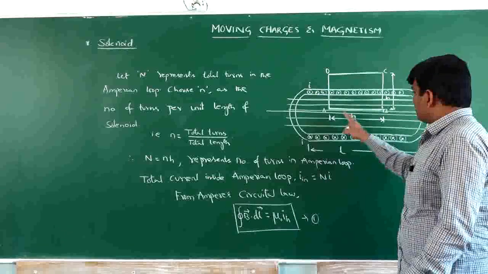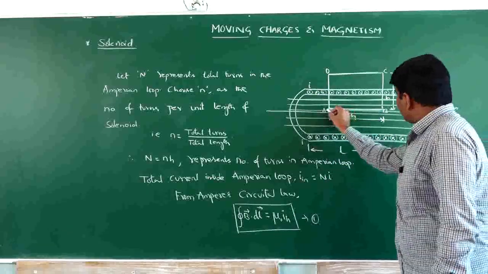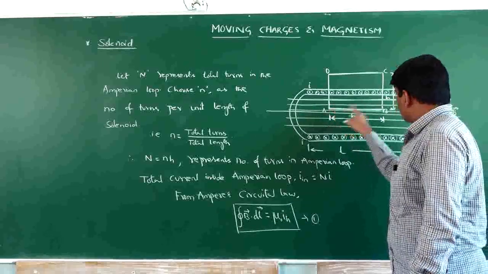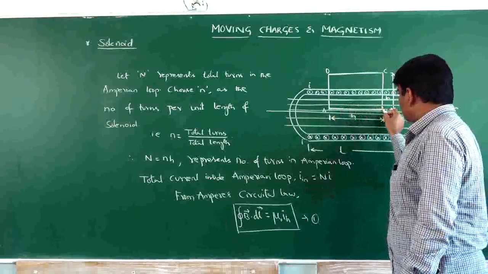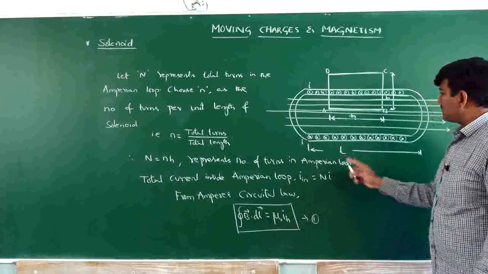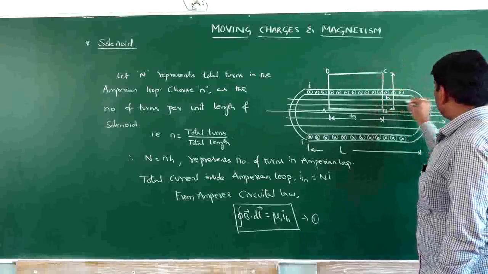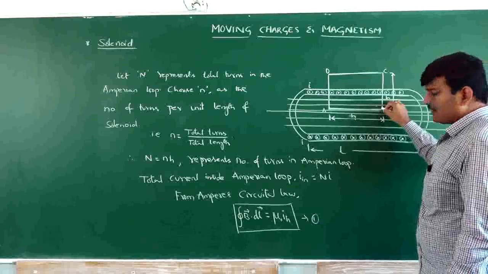Now, the field B is uniform here and it is directed like this. Over the length AB, the magnetic field is parallel. Therefore, from A to B, the length and magnetic field are parallel to each other, so theta is equal to 0. From B to C, B bar and this length are perpendicular to each other, theta is equal to 90.